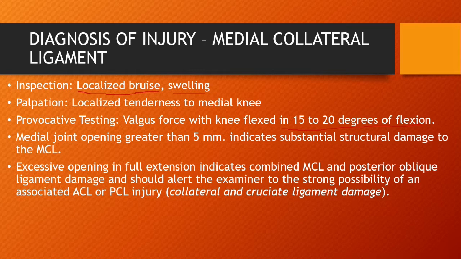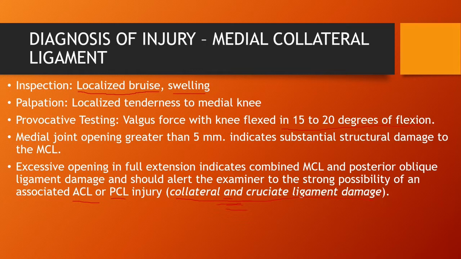On the other hand, excessive opening at full extension indicates a combined injury to the medial collateral ligament and also the medial ligament complex, consisting of the posterior oblique ligament and the medial capsular ligament, and should alert the examiner, which is you, to the strong possibility also of an associated anterior cruciate ligament or posterior cruciate ligament injury, which would represent a combined injury, which would qualify for a permanent impairment rating due to collateral and cruciate ligament damage.